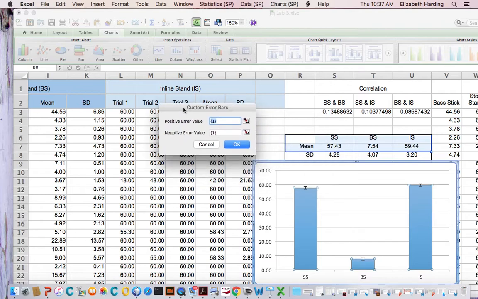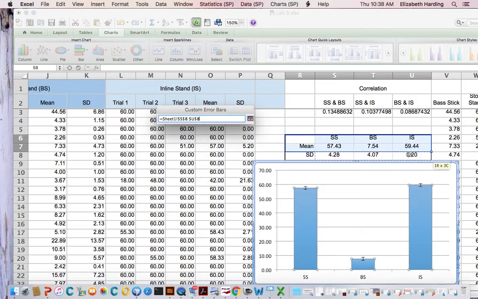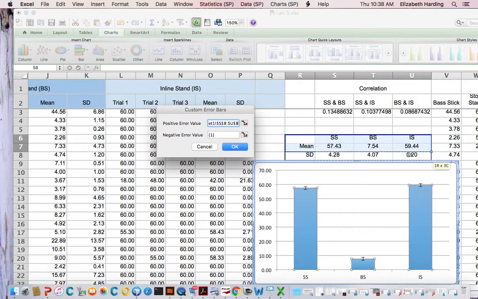So the positive error values are basically our absolute value of standard deviation. So I'm going to select all 3 cells. Now because I've organized it in this way, Excel is going to know to put this standard deviation with this column of data, this standard deviation with this, etc. And we'll do a visual check at the end to make sure that worked out that way.